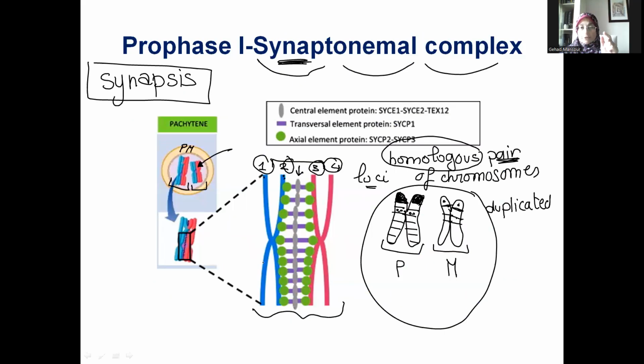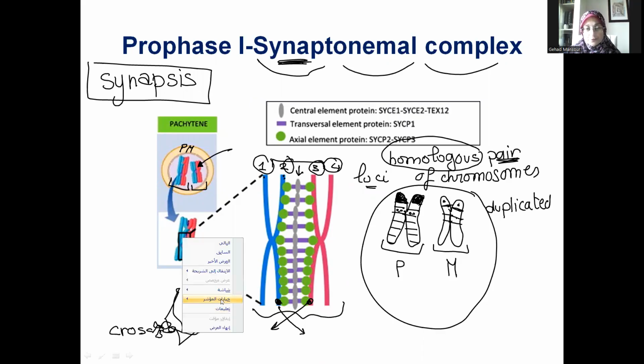This arrangement allows exchange of material between the inner chromatids. So we have exchange of material between the inner blue chromatid and the inner pink one. And this exchange of material process is called crossing over. Crossing over, okay?